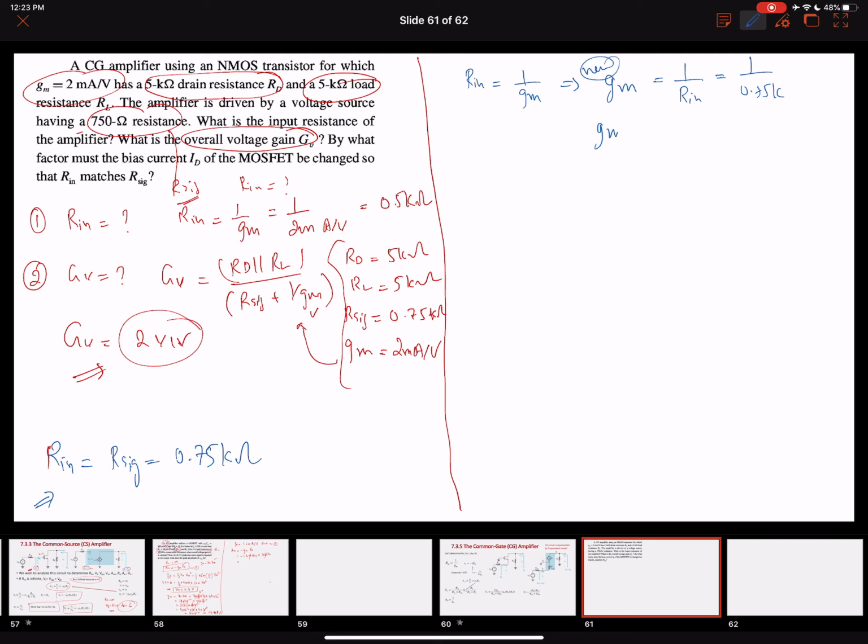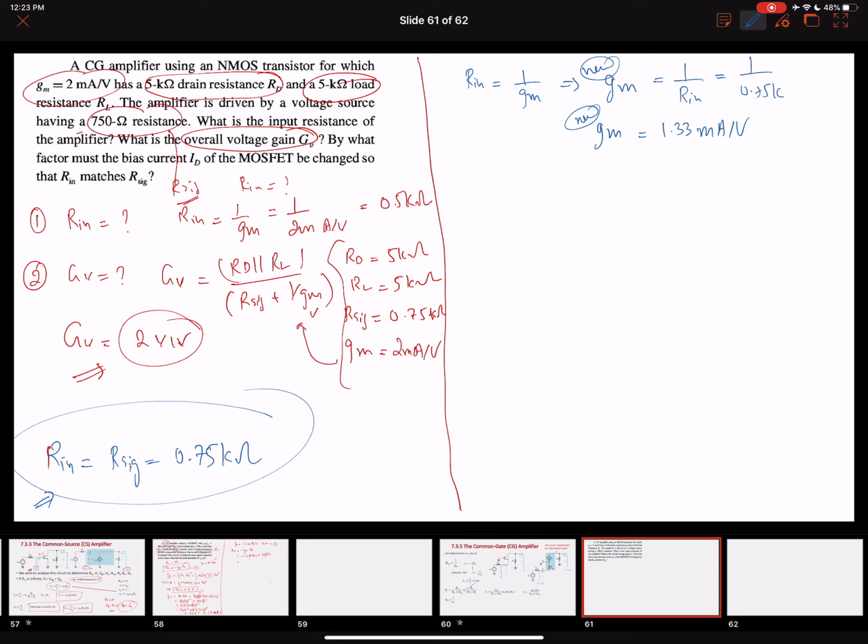So the new value of GM is going to come out to be 1.33 milliamperes per volt. Now what we are interested in is finding the change in the ID that is required to match this condition.